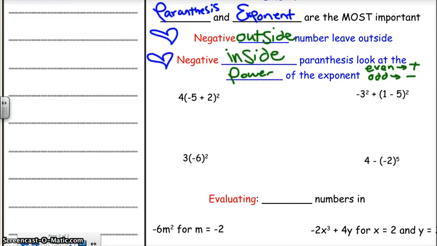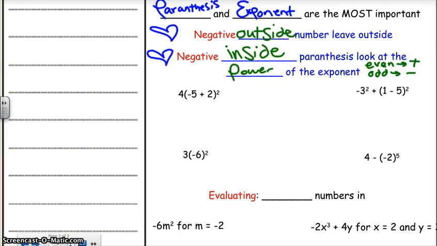All right, here we go, just jumping right into examples. I say this as 4 times the sum of negative 5 and 2, squared. That's how I verbalize that. I'm just going to start plucking away inside my parentheses first. 4 times negative 3 squared.